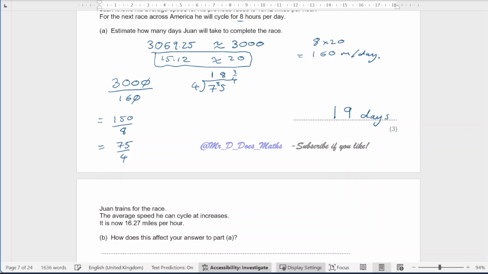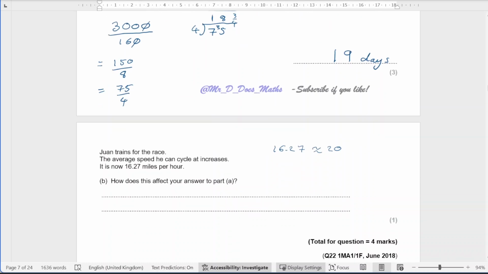15.12 as being approximately equal to 20. So if he's now cycling at 16.27, I would still say he's approximately 20. So it would not affect my answer. That's all right. So how would this affect your answer? It would not affect it, as I would still round 16.27 to 20.